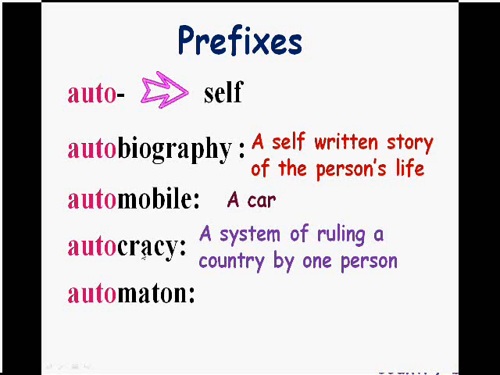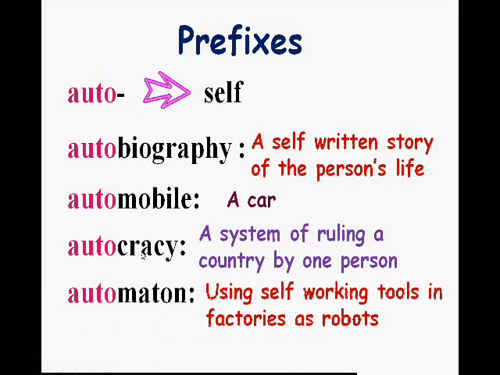Automation is using self-working tools in factories, such as robots. Some factories use robots and machines in order to run the factory, without using people who can be facing danger or something like that.